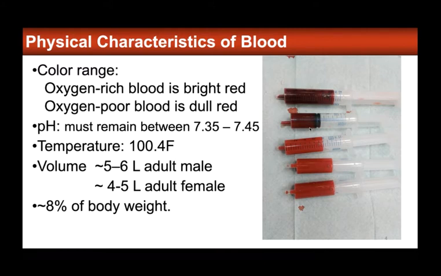I'm thinking some of the WNBA players that are really tall, they might have 6 liters of blood. So it's what we call an overlapping distribution. And blood makes up about 8% of our body mass.